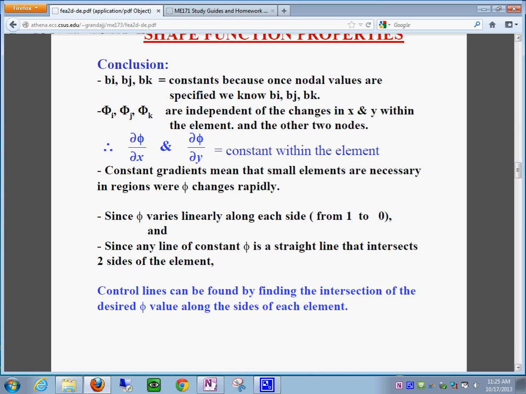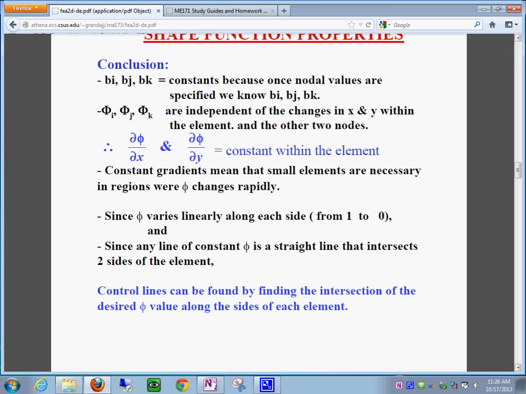That is important because if a level of the solution, let's say temperature 25 degrees, intersects the sides of the finite elements, that measures 25 degrees as a contour, as a level of the solution. And that's how we draw the coloration in finite element programs.